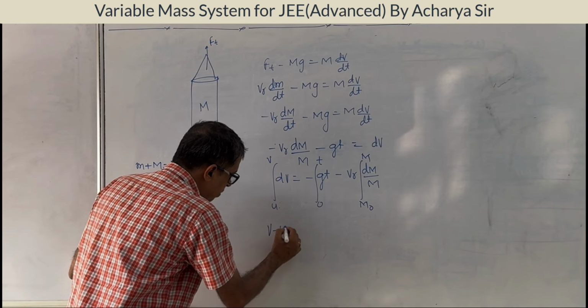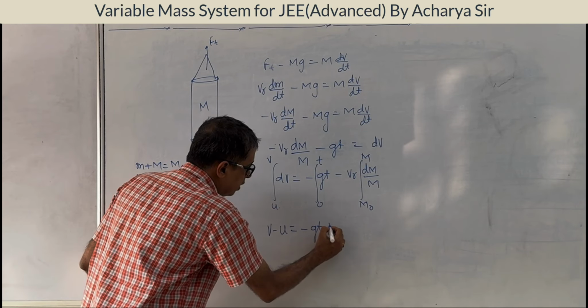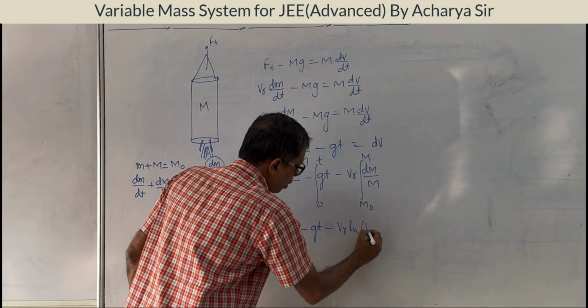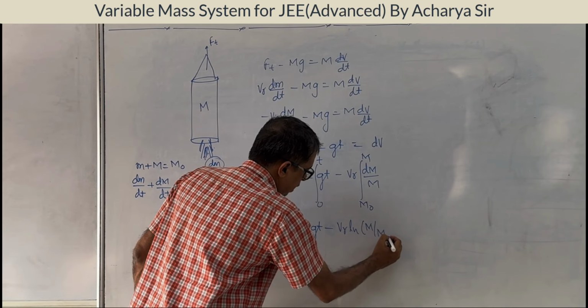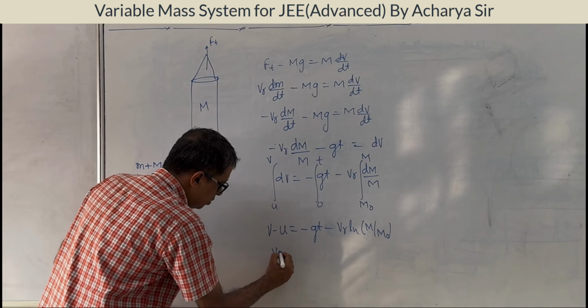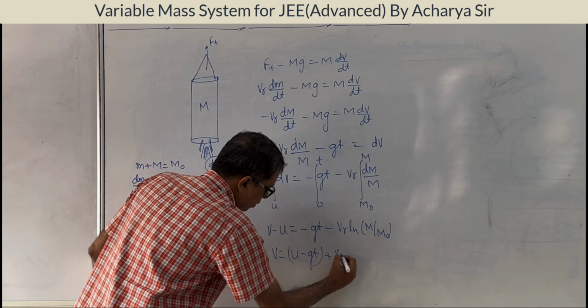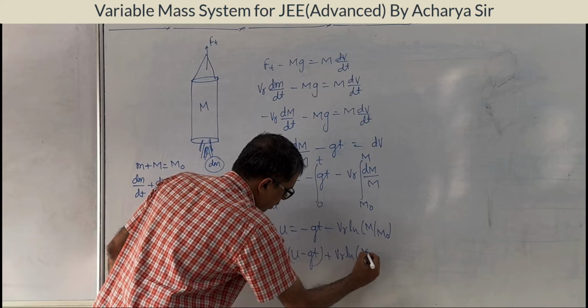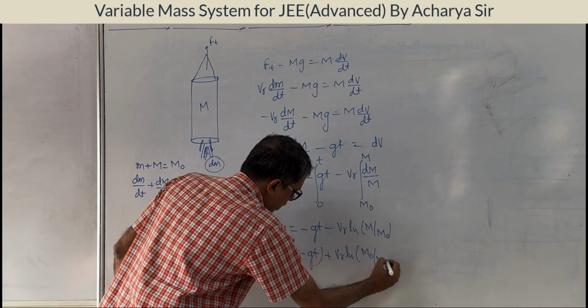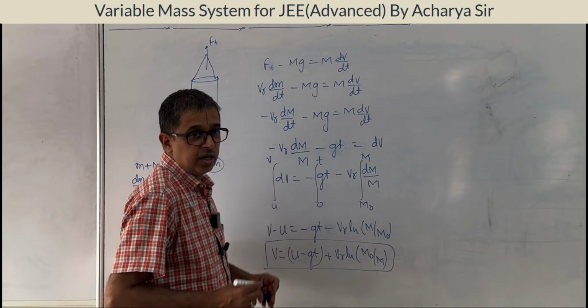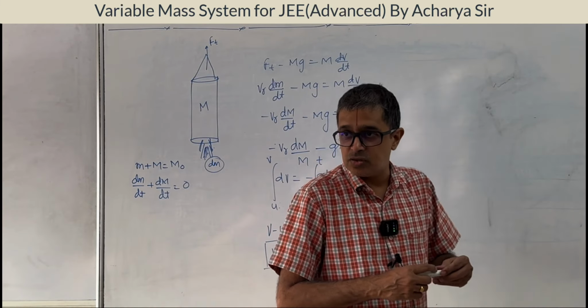This will be V minus U equal to minus gt minus of V_R ln of M by M naught. V is equal to U minus gt plus V_R ln M naught by M. A standard expression as far as the rocket propulsion is concerned.